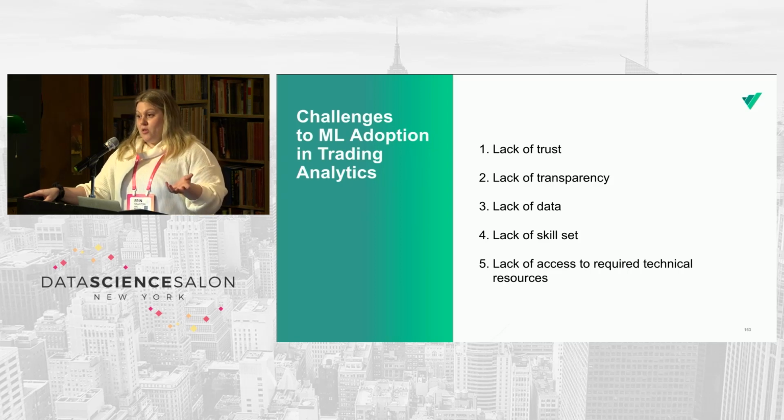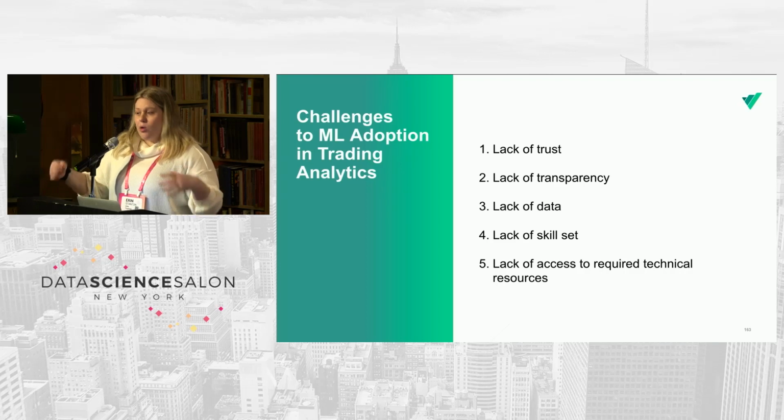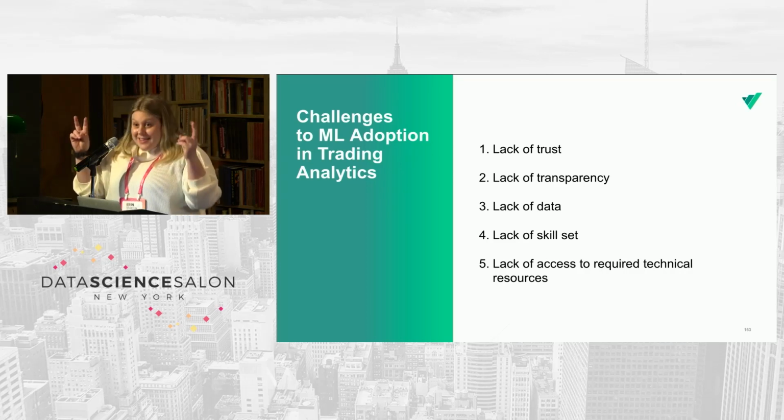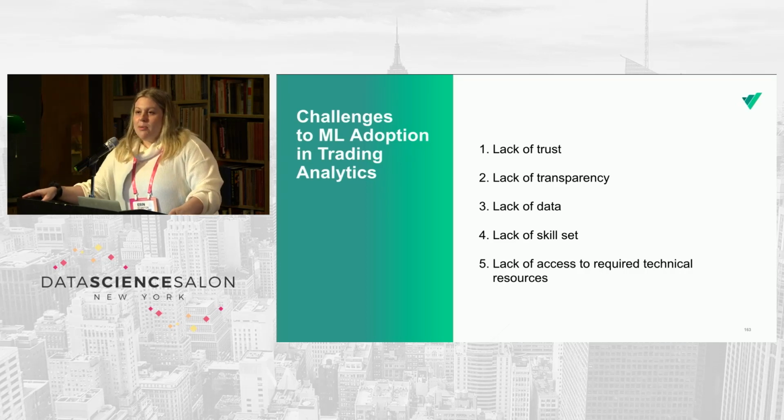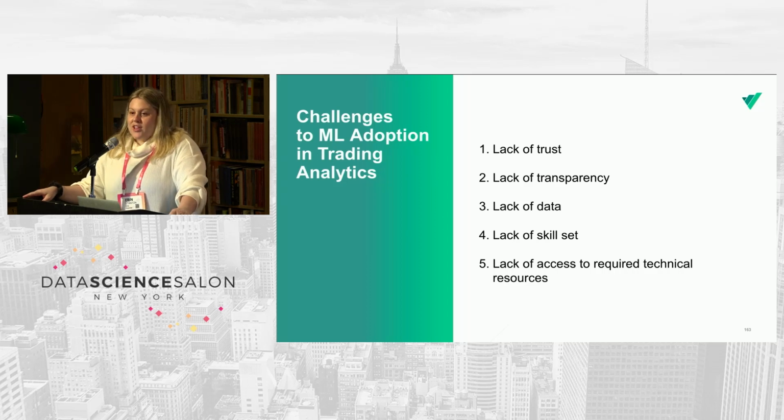Lack of skill set. My team, like a lot of teams, started in what was called big data or analytics or statistics, right, when that used to be a job. So we've had to transform ourselves into what now looks like machine learning practitioners. This takes time. You have to have time to experiment.